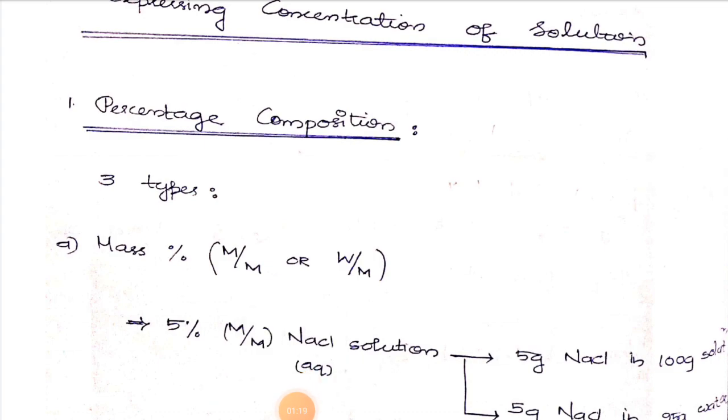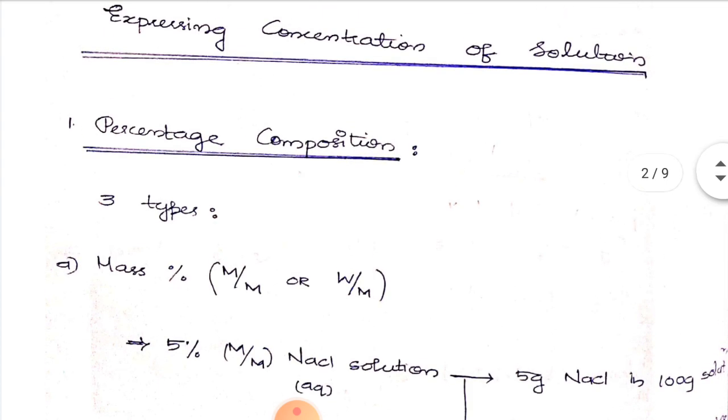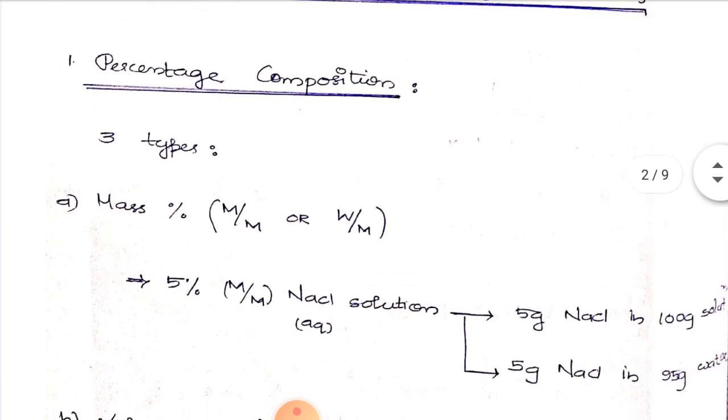What is percentage composition actually? Percentage means in 100, like marks expressed as a percentage. For expressing concentration of solution, one method is percentage composition, which is of three types.